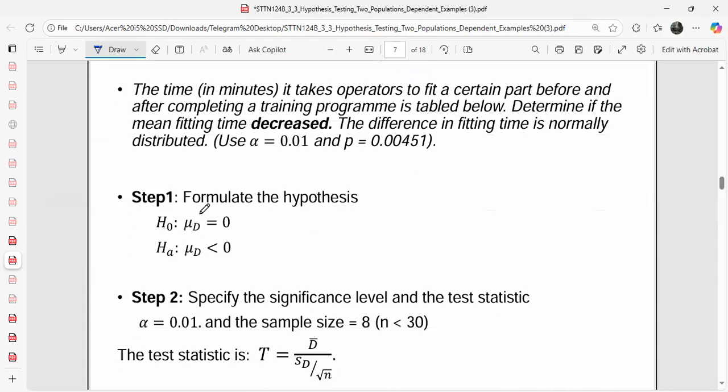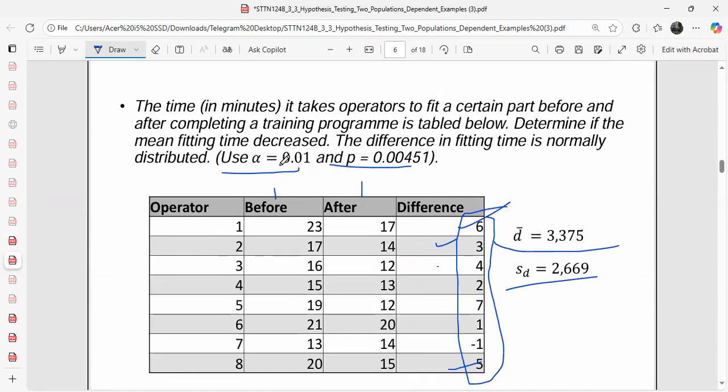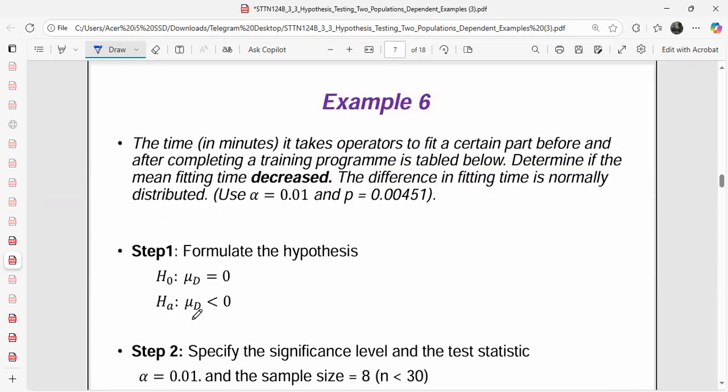Let's see the steps. When you look at this, let's look at the question. The time in minutes it takes operators to fit a certain part before and after completing a training program is tabled. Determine if the mean fitting time decreased. So we're going to use less than.